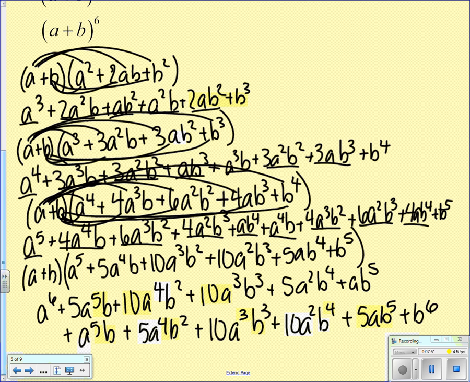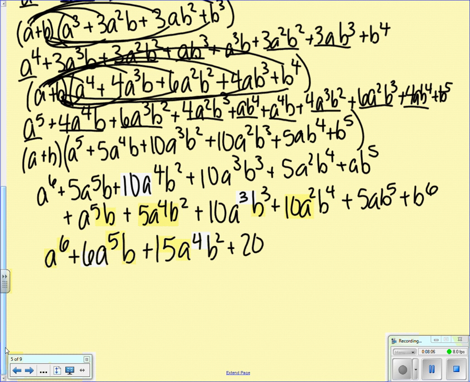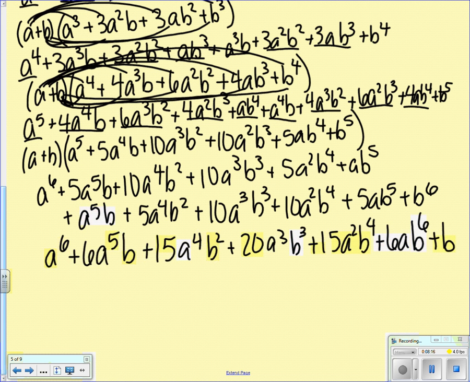And so if you combine your like terms here, I wrote them so that they're kind of below each other. You'll have a to the 6th plus 6a to the 5th b plus 15a to the 4th b squared plus 20a cubed b cubed plus 15a squared b to the 4th plus 6a b to the 5th and then plus b to the 6th.